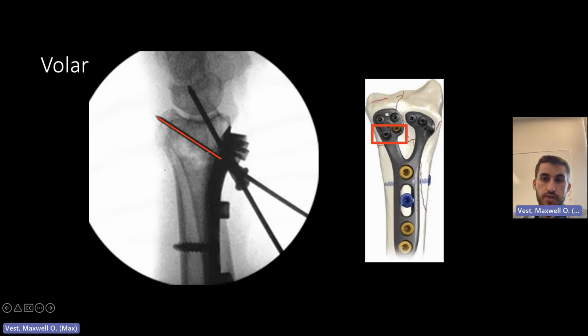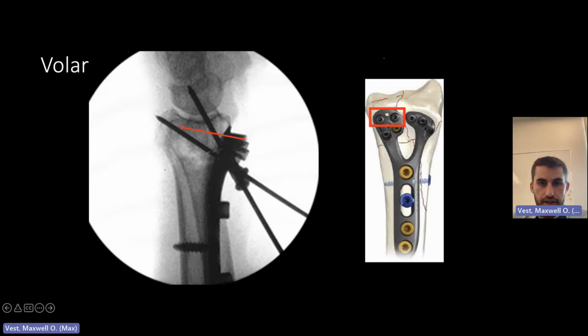radius. So it's important to understand when you're placing these, typically these screws or pegs, these subchondral pegs, are shorter than the distal pegs or locking holes of this intermediate column plate. And you can see that here. This is that distal hole of that intermediate column.